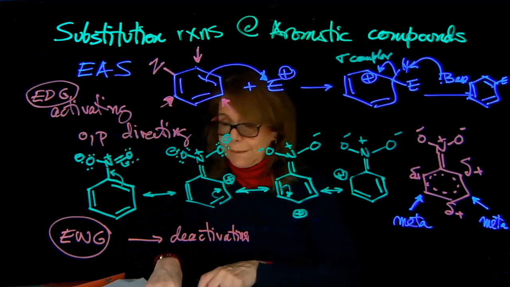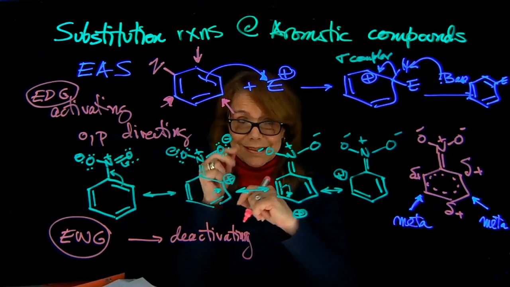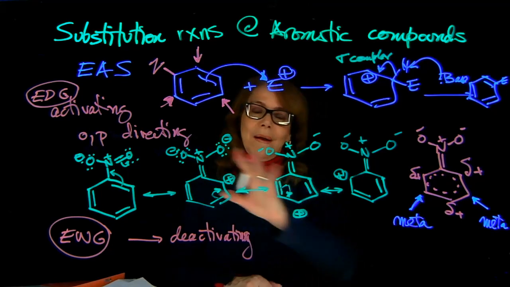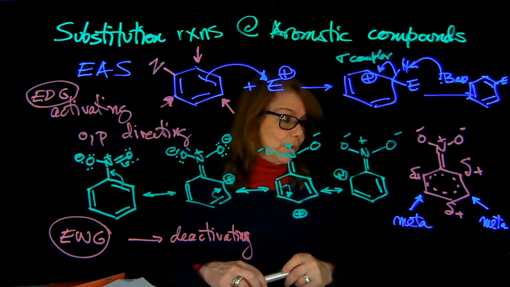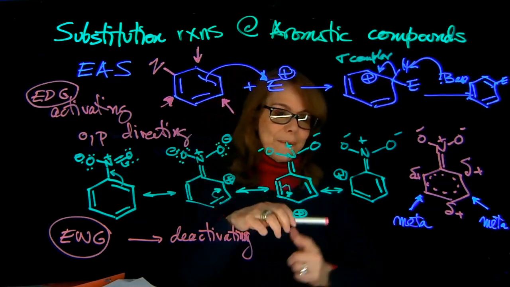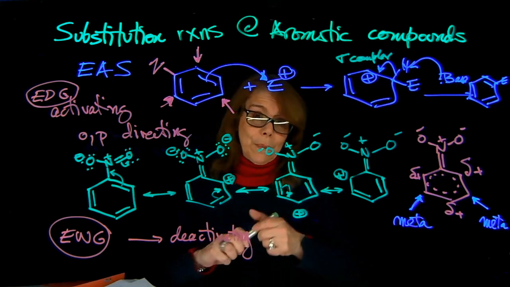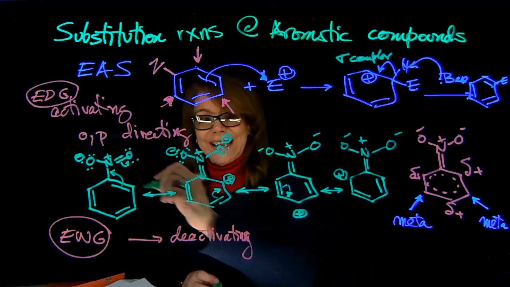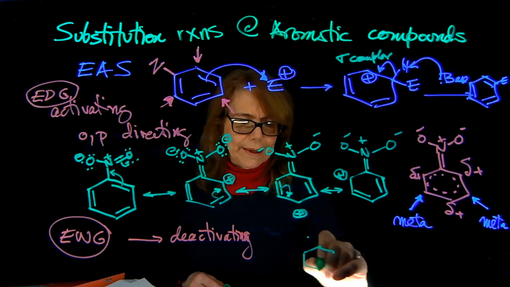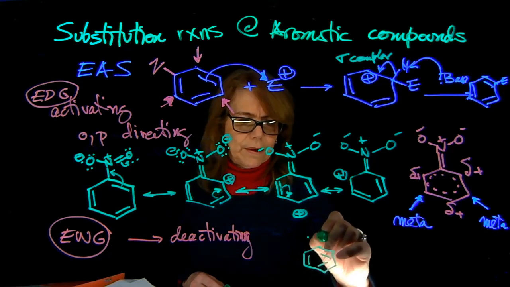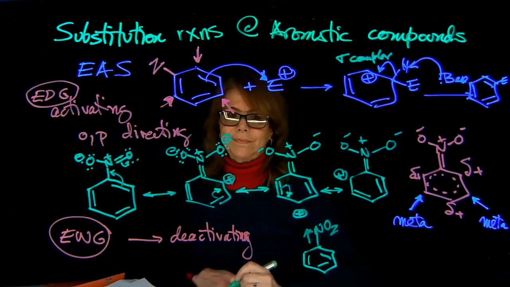So the summary is that these groups are deactivating, they remove electron density from the ring, and that's why they are deactivating. And most of them, but we have one important exception to mention here, most of them would be meta directors. And here I'm coming with the exception to that. Notice that the nitro group, both by induction, so there is a dipole if I have my aromatic ring here again with my nitro group, there is a dipole.